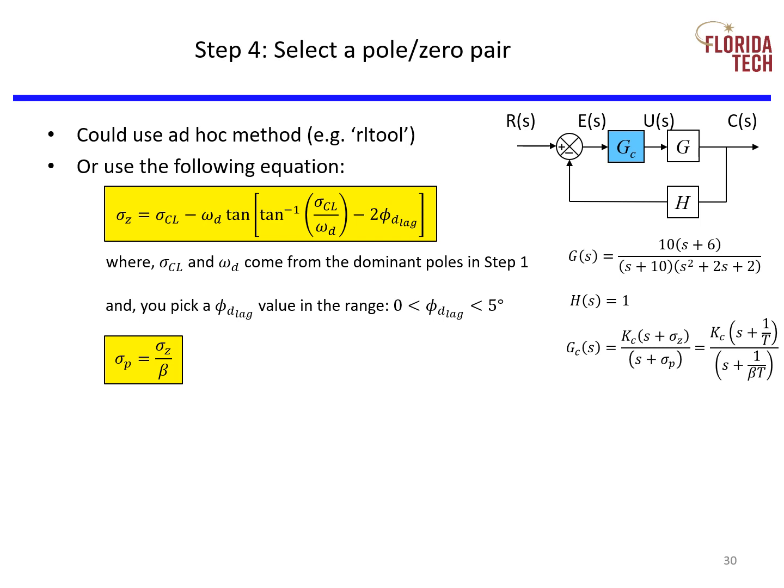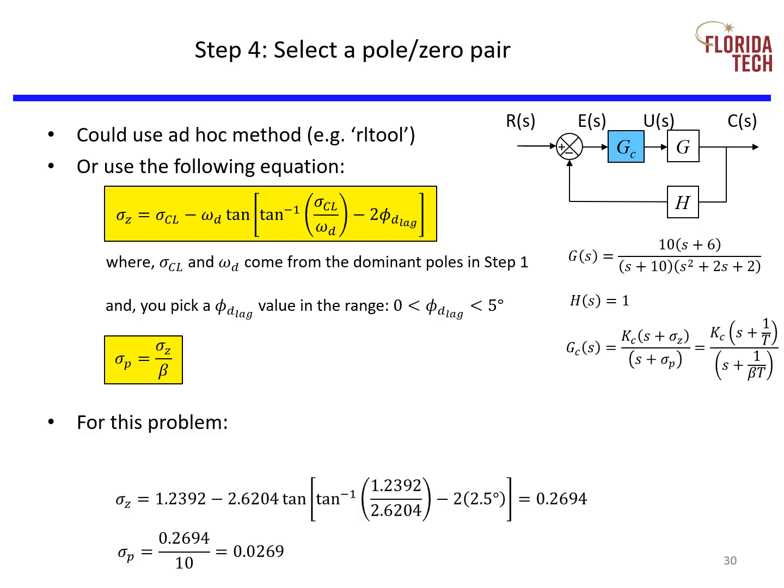The pole location is sigma z divided by beta. For this problem, we get a sigma z of 0.2694 and a sigma p of 0.0269, really close to the origin. Make sure your trig functions in your calculator or spreadsheet or MATLAB code are in the correct units. The equation uses both tangent and inverse tangent.